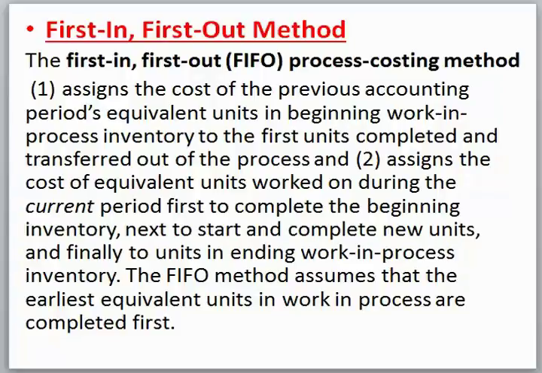And number 2, assigns the cost of equivalent units worked on during the current period first to complete the beginning inventory, next to start and complete new units, and finally to units in ending work in process inventory. The FIFO method assumes that the earliest equivalent units in work in process are completed first.